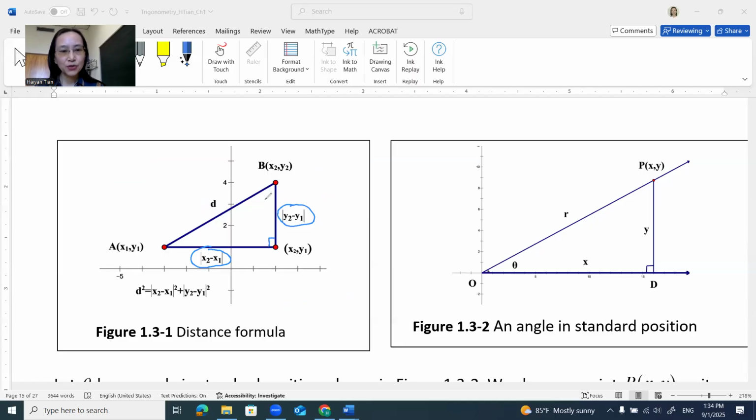For this right triangle, we know the length of 2 legs, and then the length of the hypotenuse, which is the distance between the 2 points, AB. So by the Pythagorean theorem, the hypotenuse squared is equal to the sum of squares of the 2 legs.